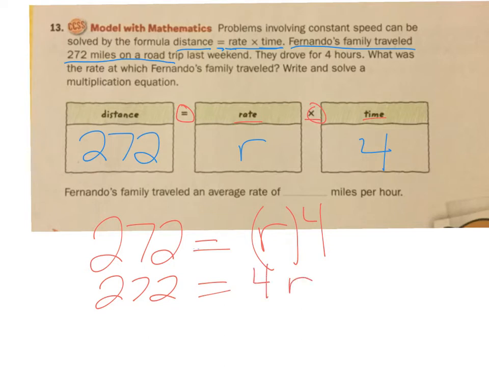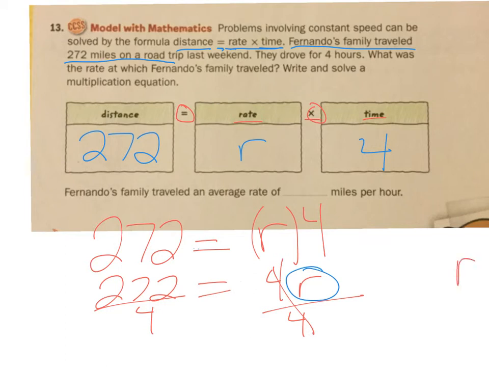Okay? So I want this R to be all by itself. The way to do that is to divide each side by 4. This one equals 1, so R is going to equal 272 divided by 4 equals 68.